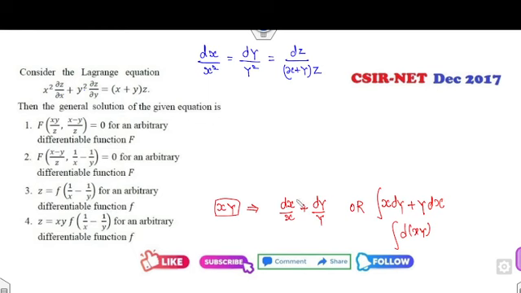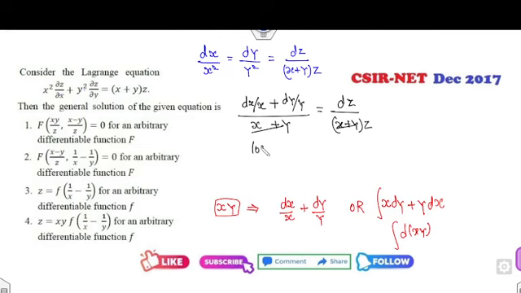So firstly, I can try for this case. If I think about dx over x plus dy over y, what will happen? If you divide by x plus y, you can see the right hand side is x plus y into z. Clearly x plus y will be cancelled out, and then you can integrate them.